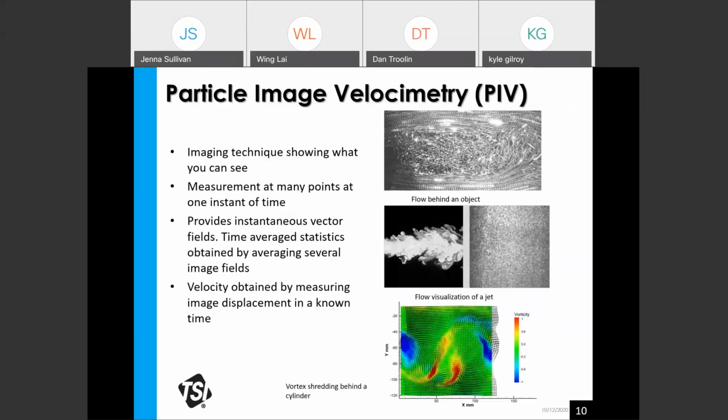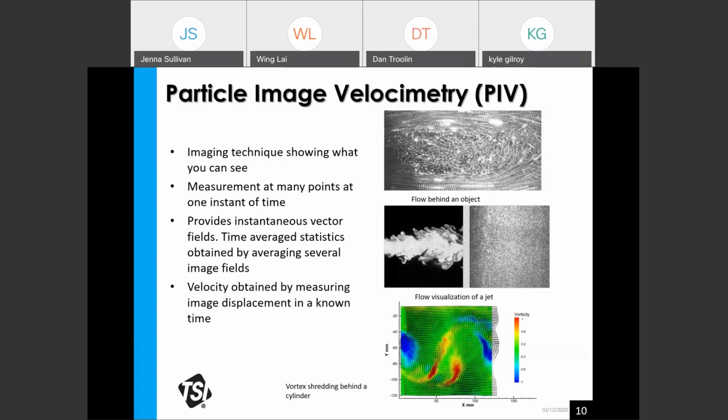So let's take a look at this flow measurement technique, particle image velocimetry, or PIV. This technique has been used for flow research for a number of years, actually more than 30 years. It is an imaging technique, which means that what you can see from the flow field can essentially be measured.